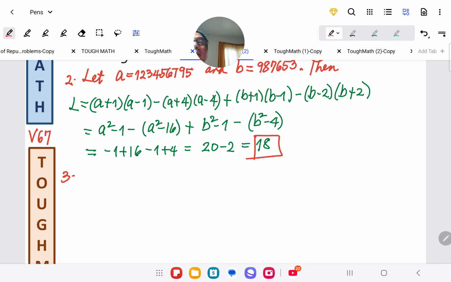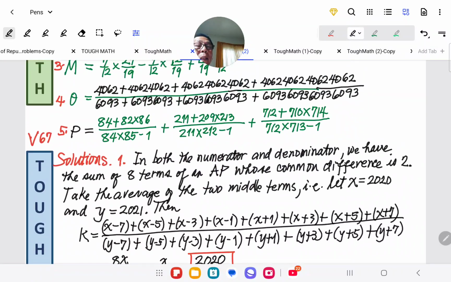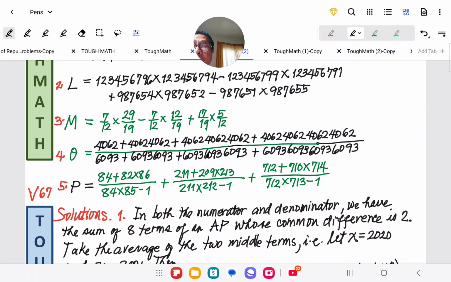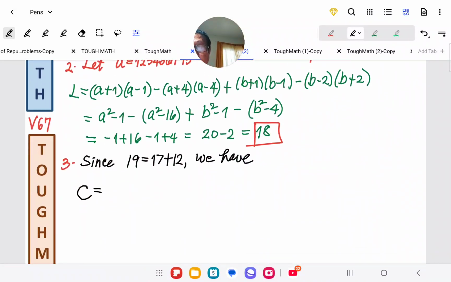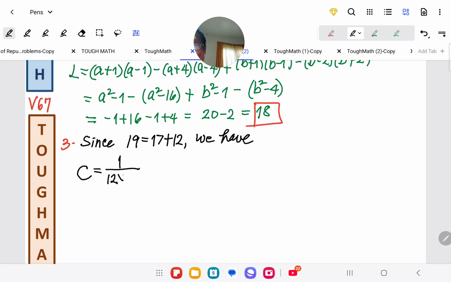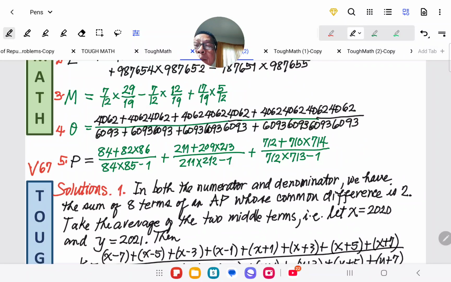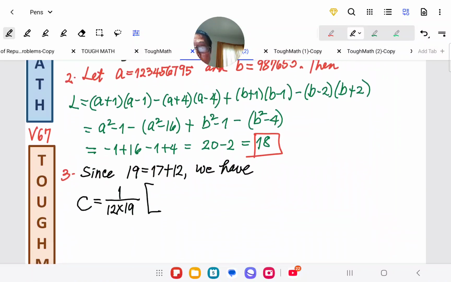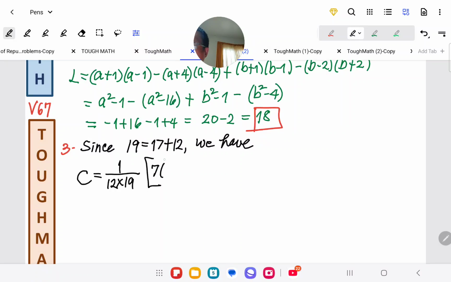Okay. So since 29 is equal to 17 plus 12, notice that the denominator is common to all of the three products, so we have 1 over 12 times 19, and then for the first product we have 7 times 17 plus 12 because it's 29.